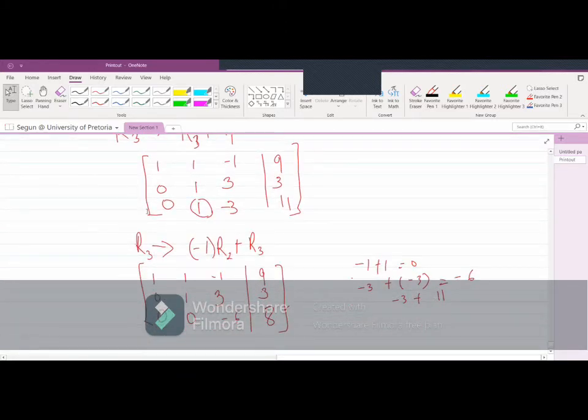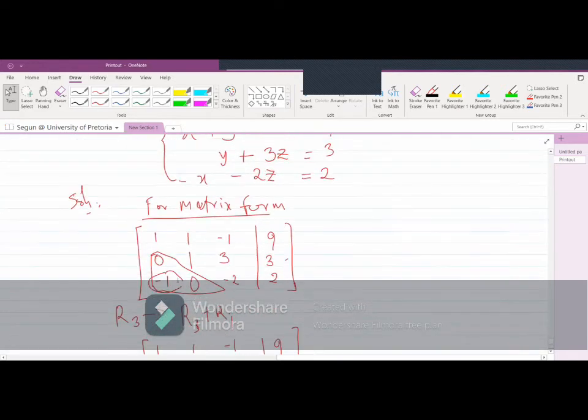Okay, look at it. From here, we have our mission. Our mission is to make all the elements here 0. That is our first target. So this must be 0, this must be 0, this must be 0.